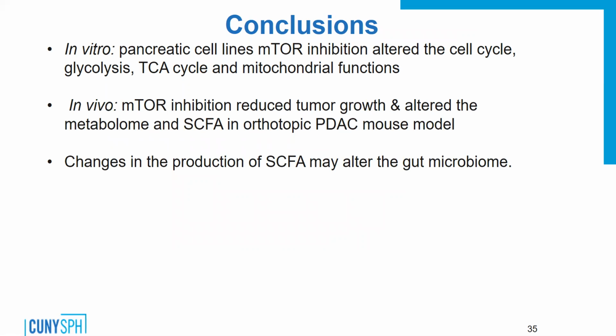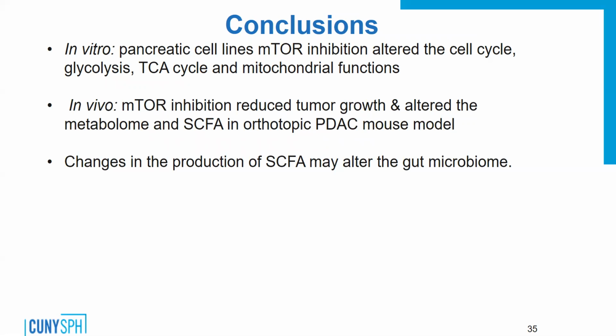Our in vivo data in mice showed that the mTOR inhibition that inhibited both mTOR1 and mTOR2 reduced tumor growth, and it altered the metabolomic profile, as well as the short-chain fatty acids in the orthotopic mouse model.